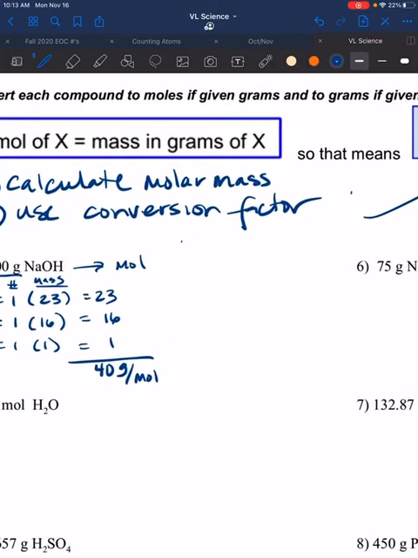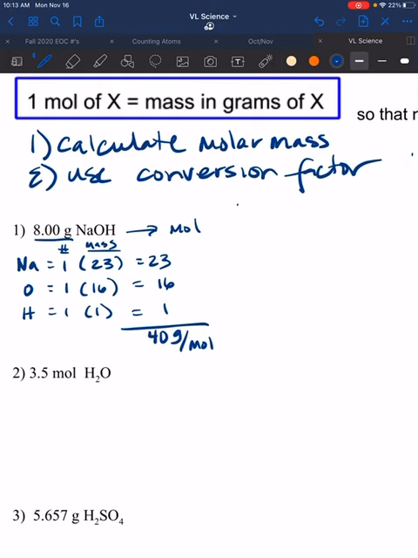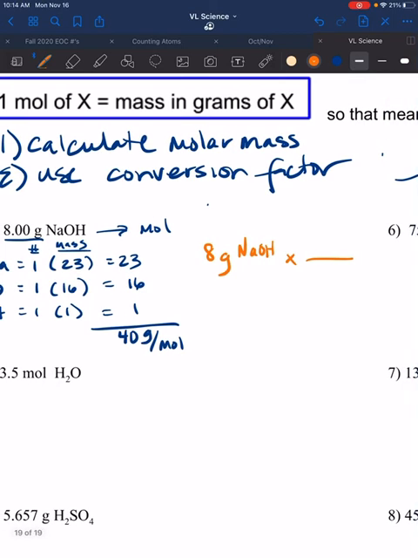All right, so I have 8 grams NaOH. Step 2 in my process here says use a conversion factor. So I know I'm going to multiply by a number where I'm going to have grams on the bottom and moles on the top, because I'm looking for moles. It's 1 mole.